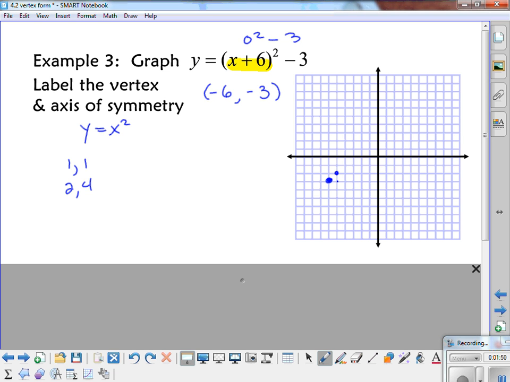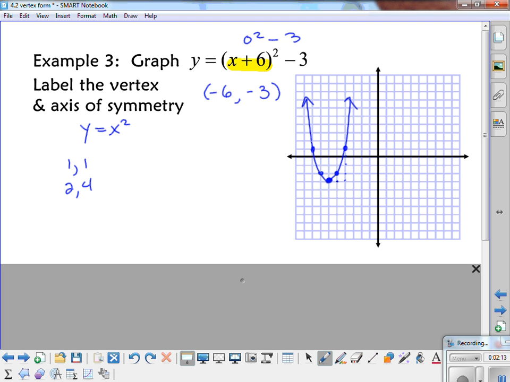Just 1. If I go over 2, now I have to go up 4, which is 2 squared, right? Okay, so it follows the same shape because there's nothing in front of the thing that's being squared. There's nothing that's going to stretch it or compress it.